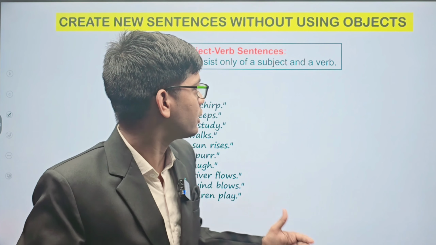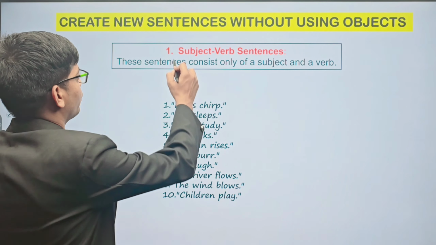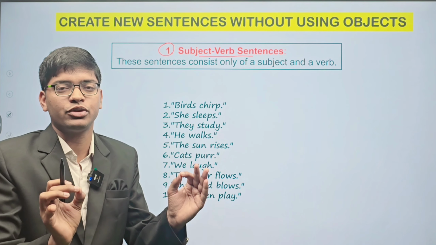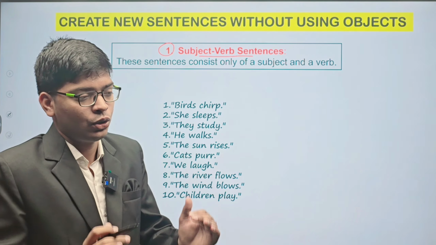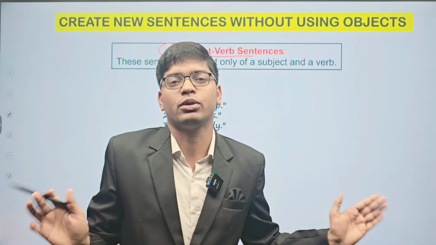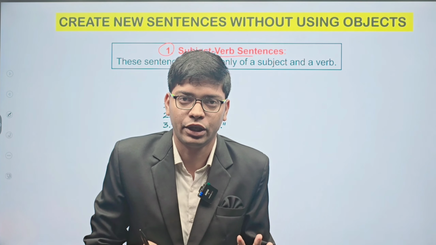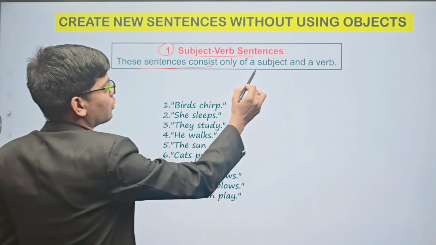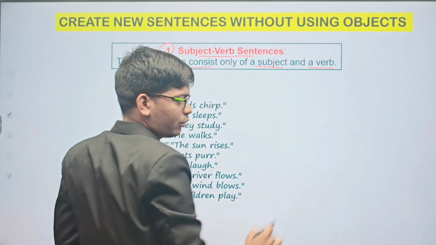So first is subject-verb sentences. You can easily create subject-verb sentences without using any object, because these sentences consist only of a subject and a verb.